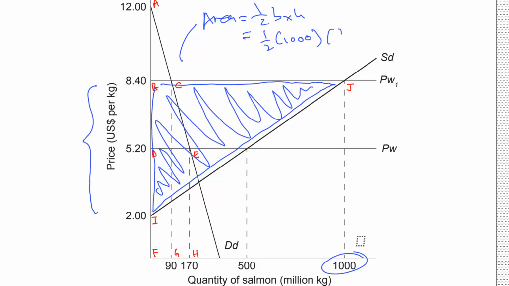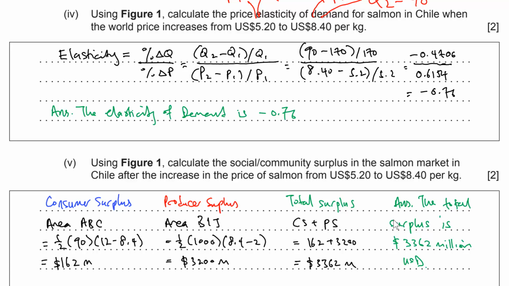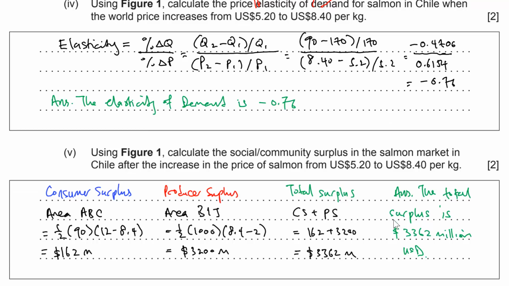So we go 8.4 minus 2. It's whatever that is. So, let's go back down here. It's going to be equal to the area of the triangle, which is up there. And it's going to be a half of 1,000 times 8.40 minus 2. Which is going to be equal to 3.2 billion or 3,200 million US dollars.